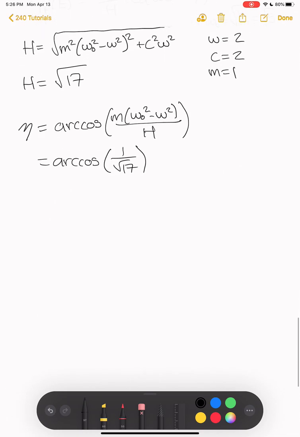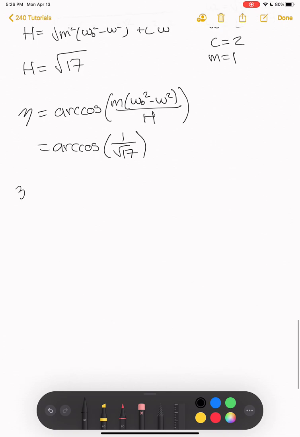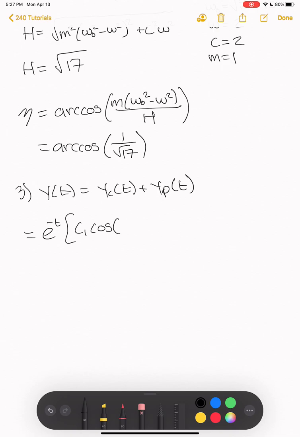We can put this all together. And so we have y of t is equal to the complementary function plus the particular solution. So we have e to the negative t, c1 cosine of 2t plus c2 sine of 2t.